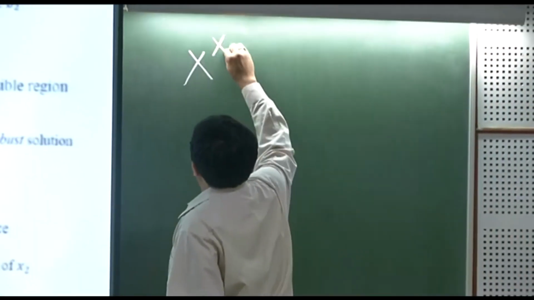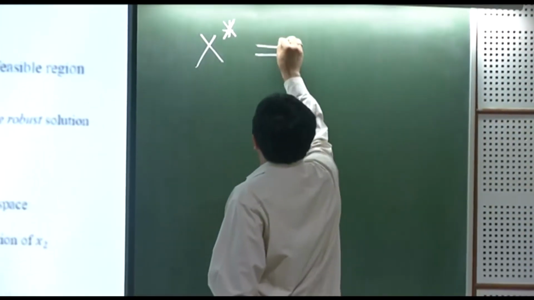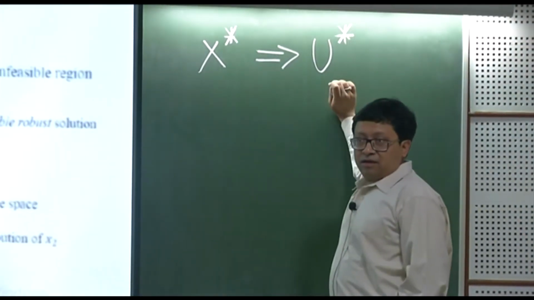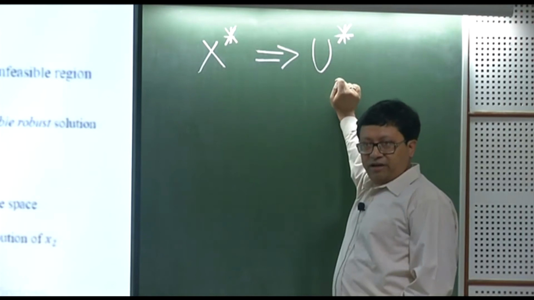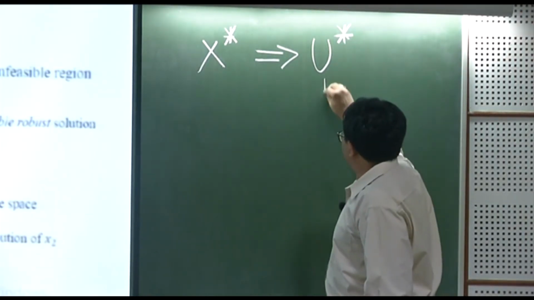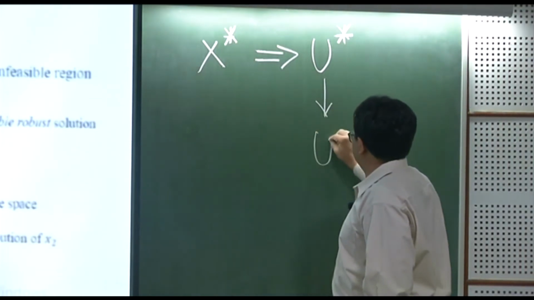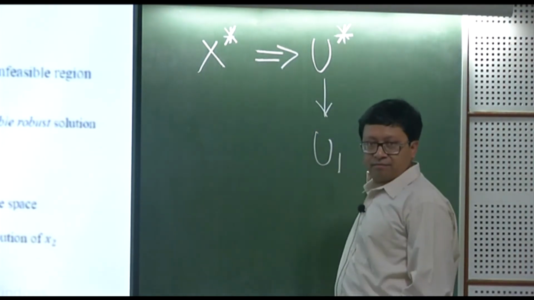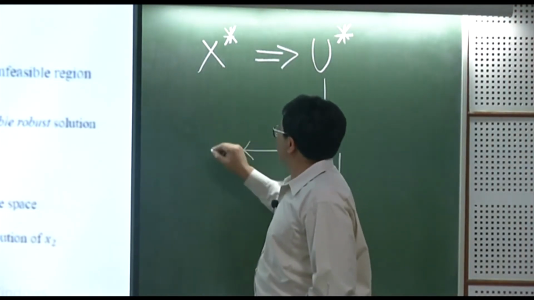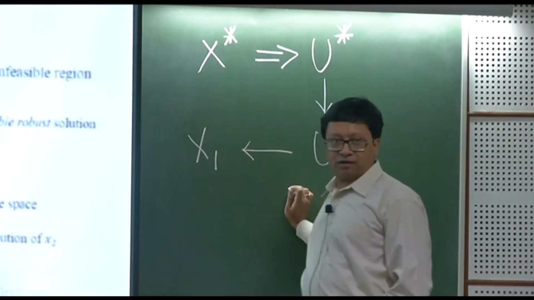So basically you start with x star, you map it into u star. Generate or run the non-deterministic algorithm here, get the second value, say for example u1. Once u1 is obtained, you come back to this space and consider x1.